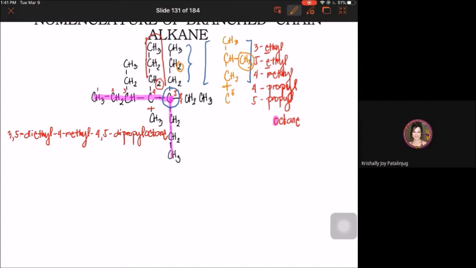Okay? Well, in that case, that is already a complex substituent. Isang substituent that has sub-branching. So, if this is the case, we actually have an additional step in naming branch chain alkane.